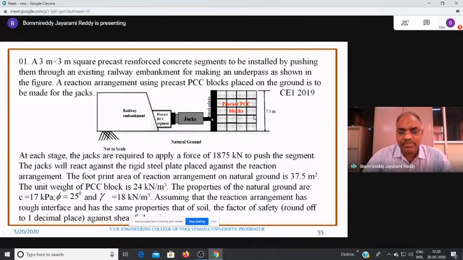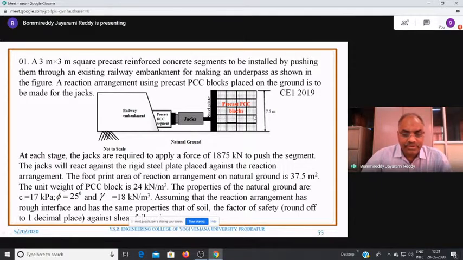It is also 1875 kilonewtons. Jacks will react against a rigid steel plate placed against the reaction arrangement. So you can see at this place reaction will be developed, and for that a vertical plate is provided and the entire reaction is passing through that vertical plate.